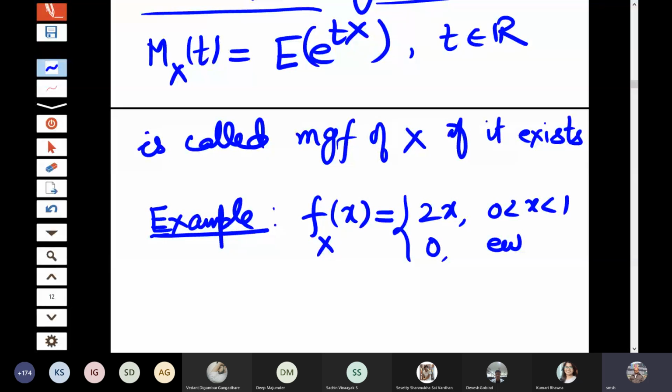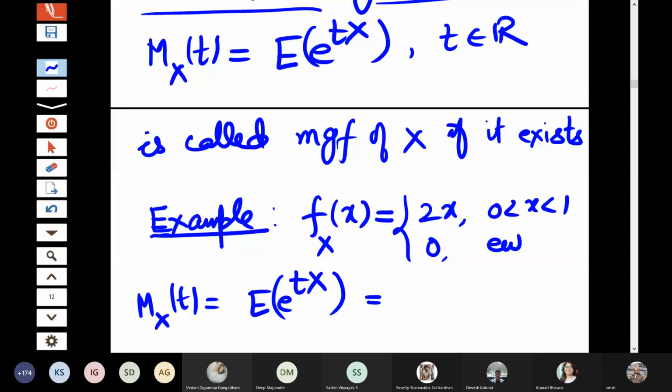So what is the moment generating function here? That will become the integral of e to the power tx into the density function. This density function is between 0 and 1 only, so we don't have to write the full thing.